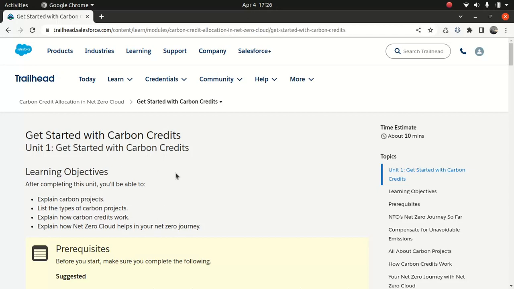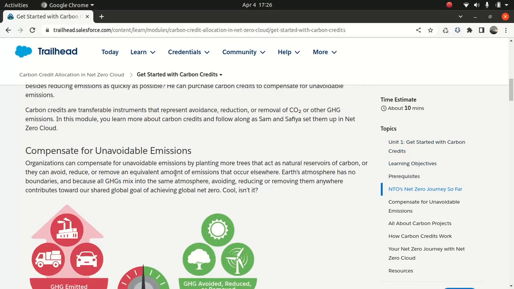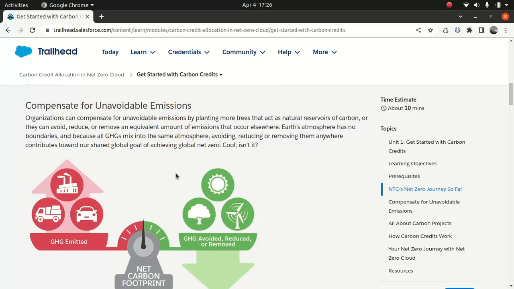So carbon credits, if you look here, if you scroll down, right? The carbon credits could be something where you buy into a carbon project, which, for instance, is part of a project which involves planting trees. Okay, so the more trees you plant, the better it is for the planet, right?